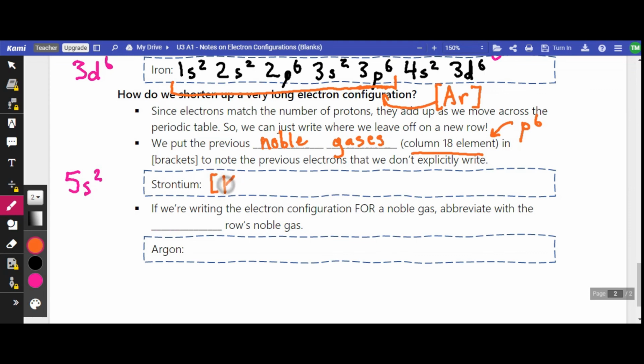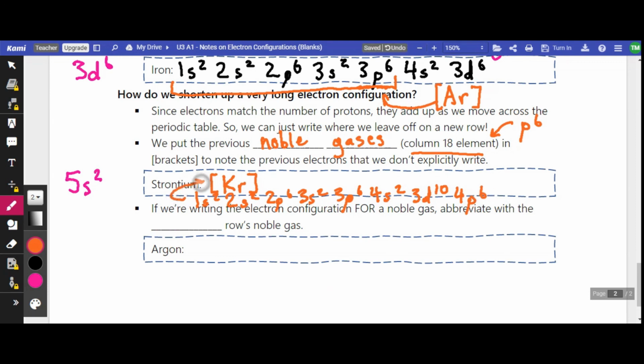So if I put Kr for krypton in brackets here, what that means is the electron configuration of all that stuff up through 4p6. So that would be like 1s2, 2s2, 2p6, 3s2, 3p6, 4s2, 3d10, 4p6.